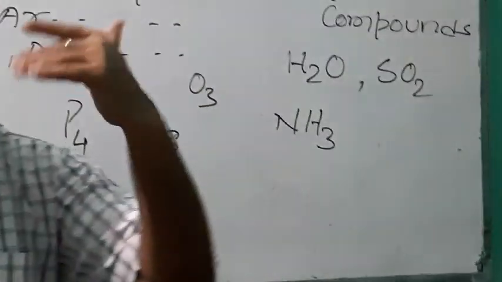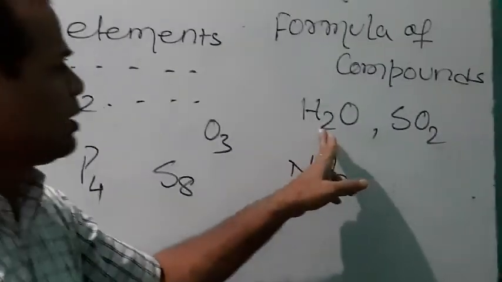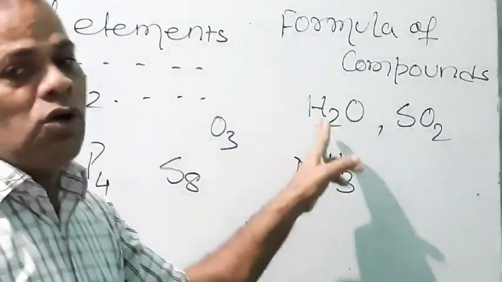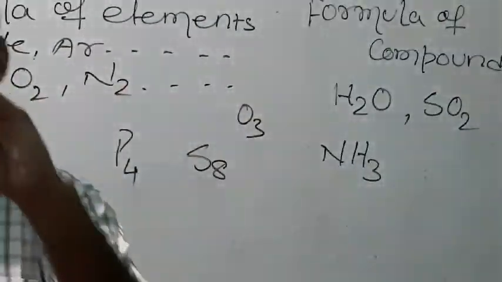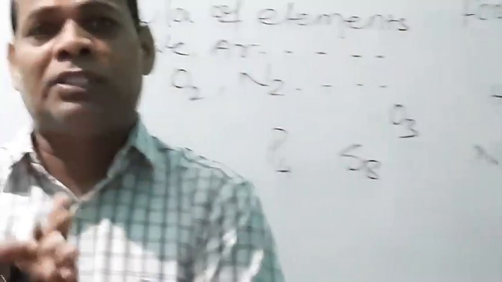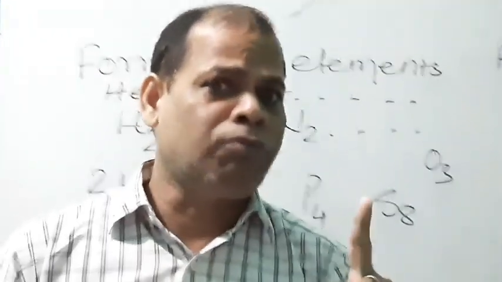Now if you talk about H2O, what does it represent? It represents 2 atoms of hydrogen and 1 atom of oxygen present in 1 molecule of water.